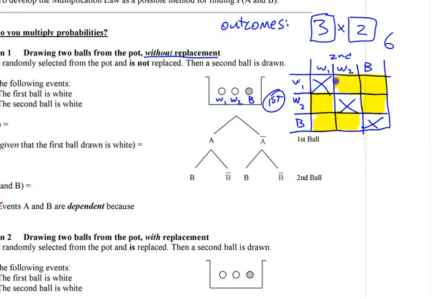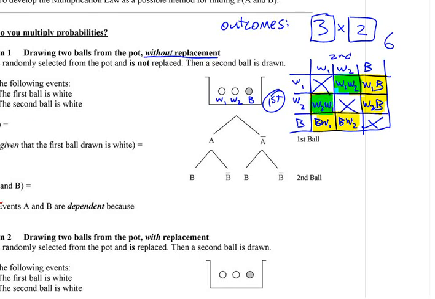Well, if you wrote them out here, this is W1, W2. This is get the second white one and then the first white one. And then we can't get that one. We can get this one. Which ones are we looking for here? If we're looking for both of them to be white, this is one of them, and this is one of them, right?